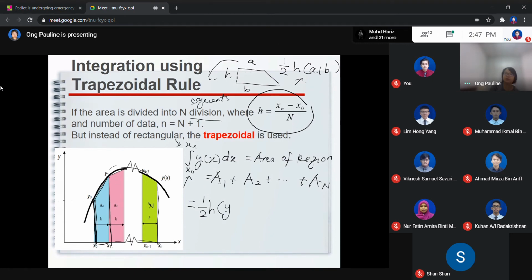So you have y0 plus y1. This is only for the first trapezium.